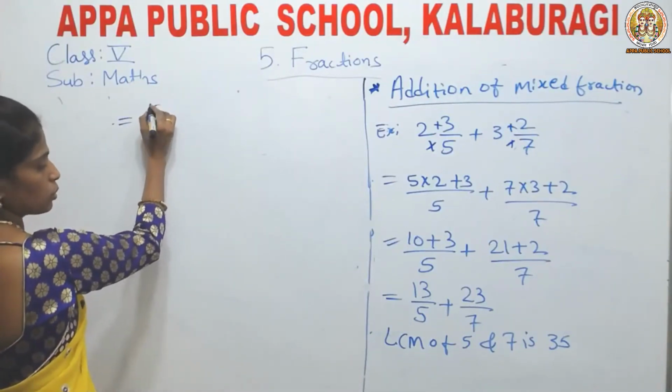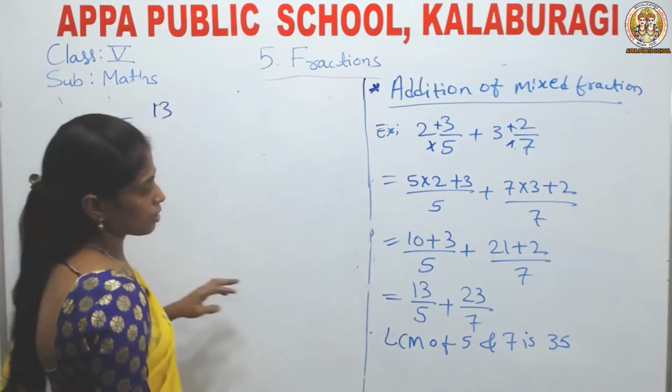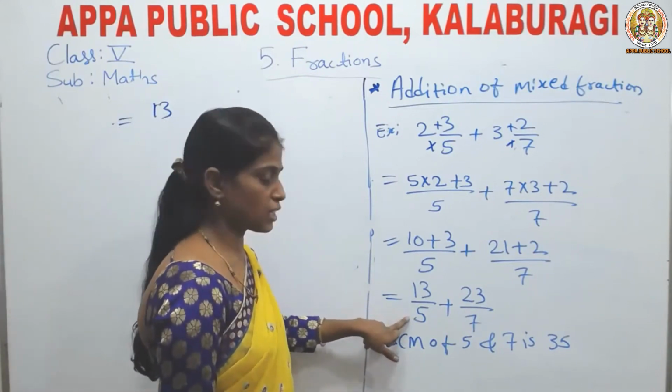That is equal to 13 by 5 plus 23 by 7. Which number multiplying will get denominator 35?